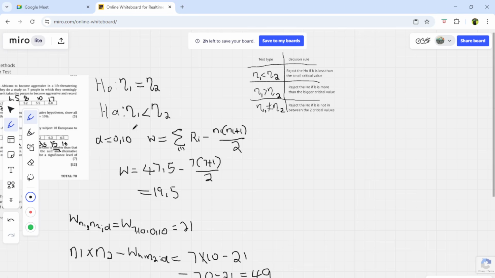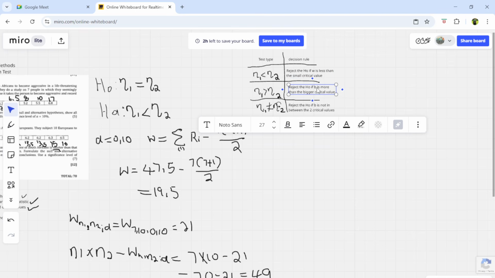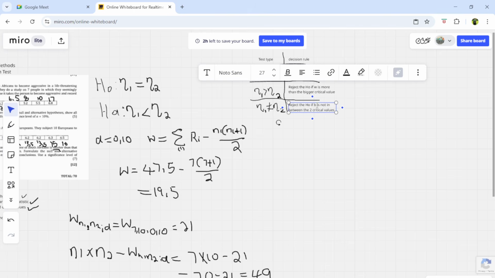Now, because we're dealing with the left-sided hypothesis, we're going to reject not if B but if W. So here we're going to be dealing with W. If W is less than the smaller critical value. So let me edit everything and say W instead of B. B is for one population. So that's the guideline.